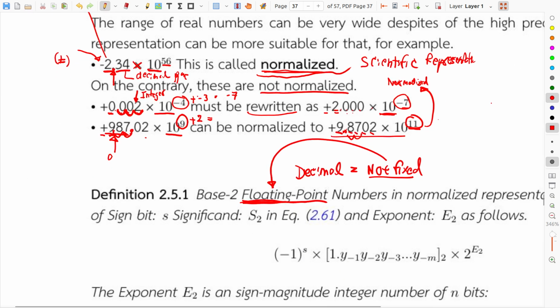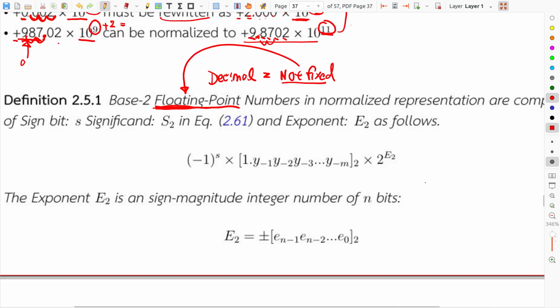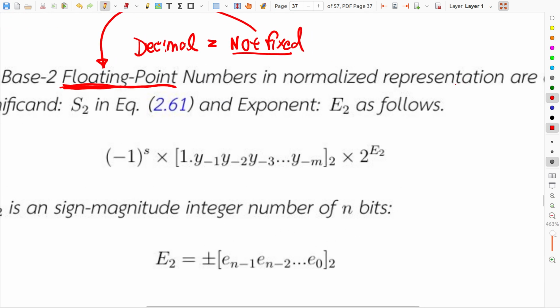Okay, let's take a look at the definition. So we have to rewrite whatever number to be normalized. Look at this as the magnitude again.